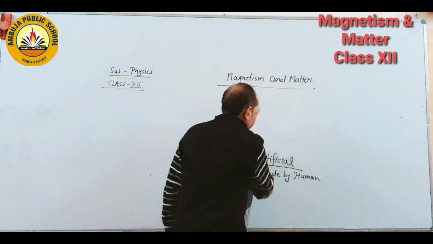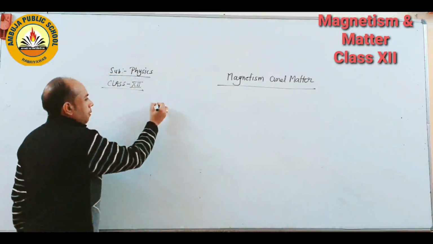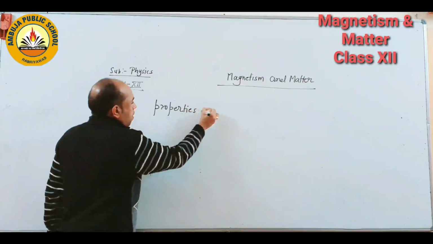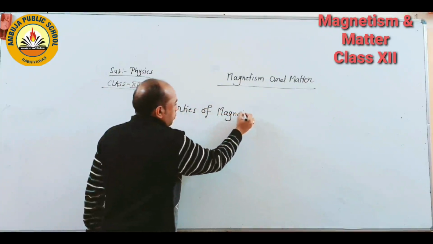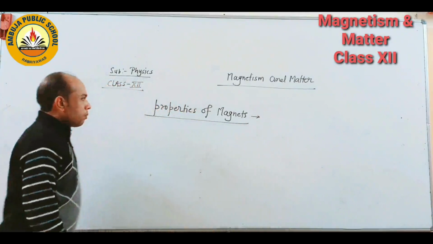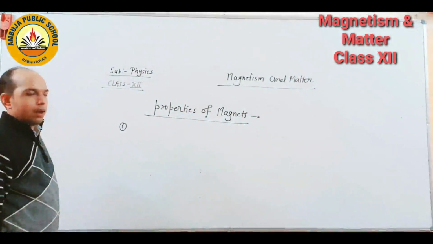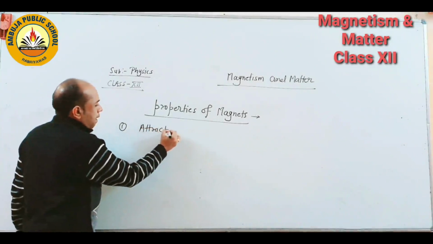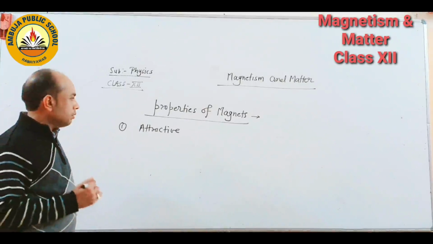So the first property: it attracts iron or iron-like substances, that is the attractive property.